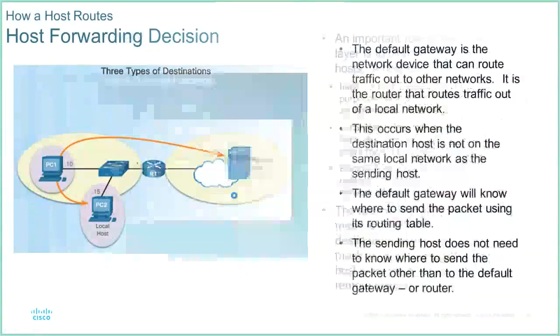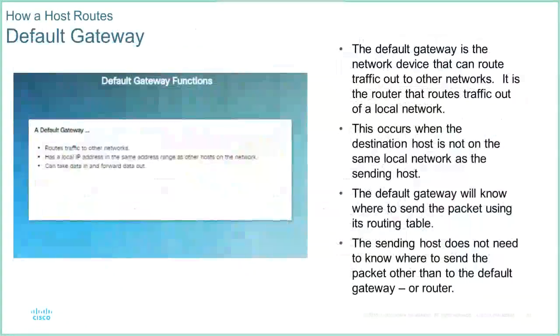So how does it find that device that does that forwarding decision for it? It has a default gateway. If you remember, when we set up a host machine, we give it an IP address, subnet mask, and a default gateway as a minimum set of information. Now that can be configured manually or via DHCP.